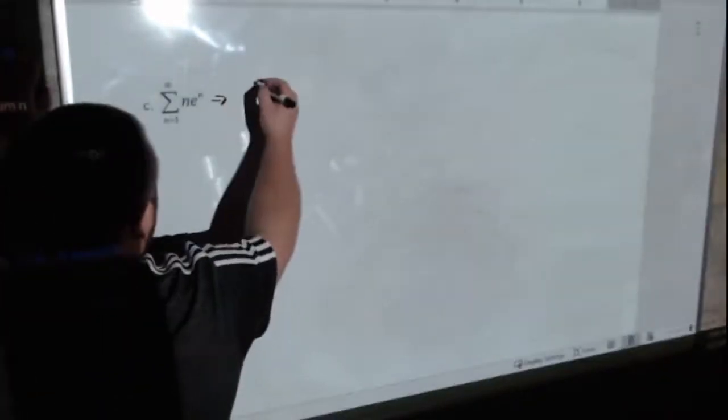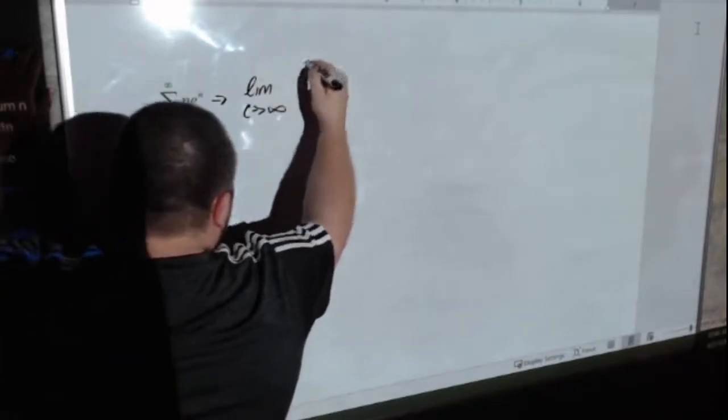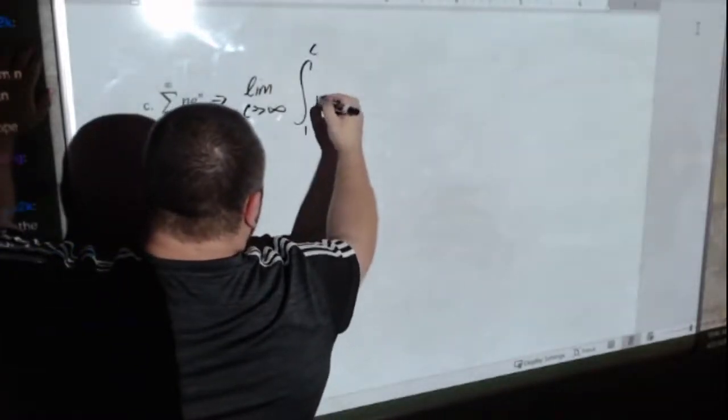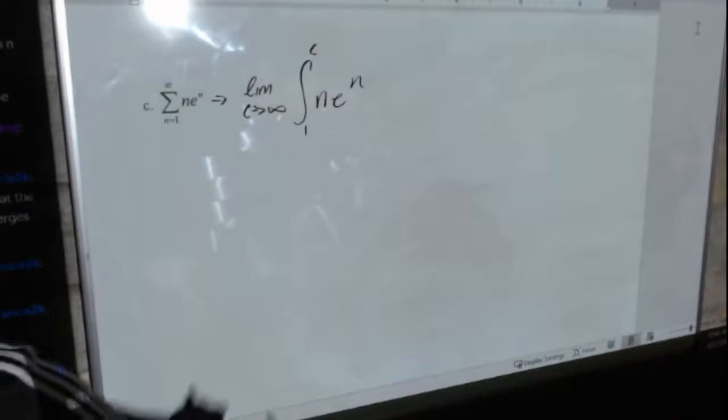So let's do this last one. So I need limit, c approaches infinity, integral 1 to c, and e to the x. Sorry, I need to make these x's. Keep doing that. And we need a dx.